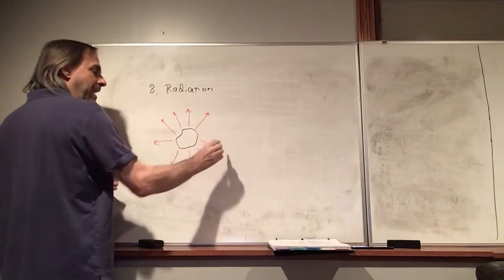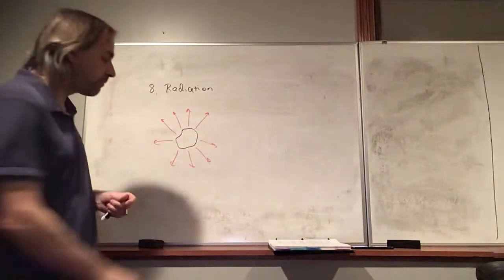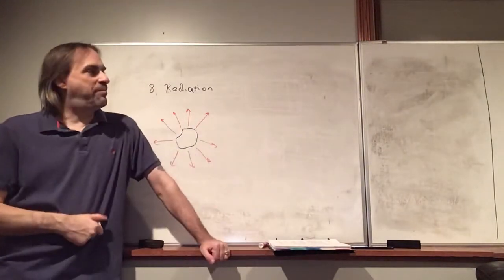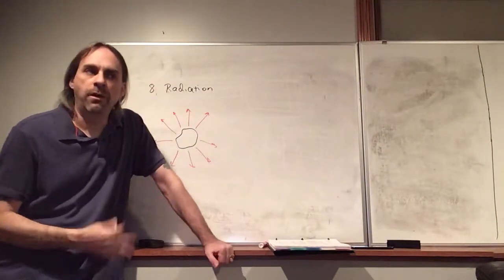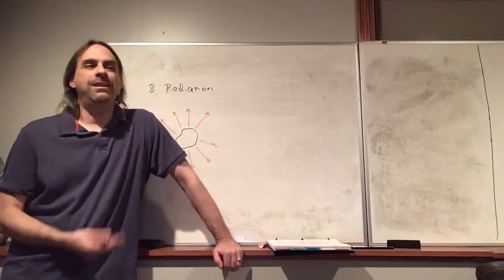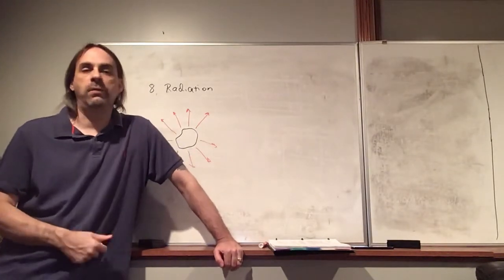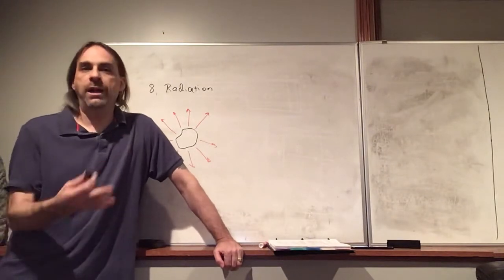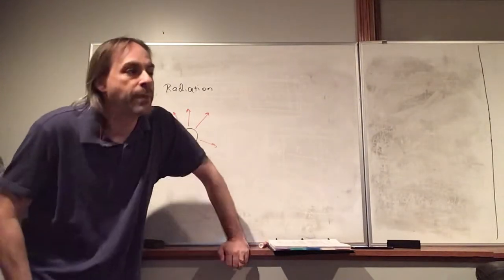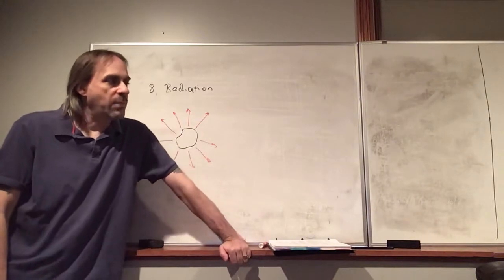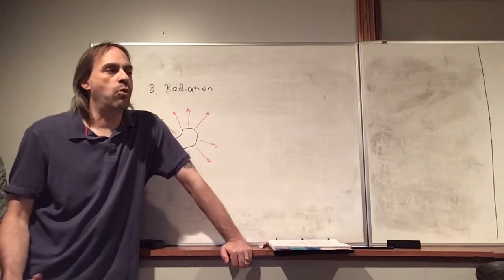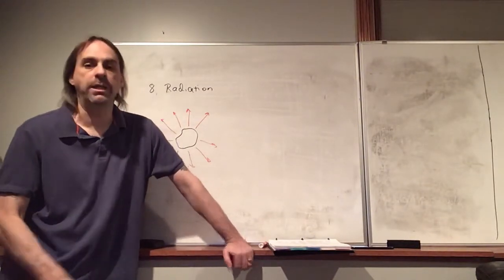Now, what actually is this radiation? It's basically light. Although we're going to see later that light in physics doesn't always mean what it does in everyday use. You think light, you turn on the light, you can see things. However, light is a form of electromagnetic radiation.